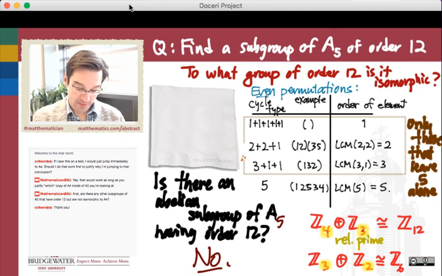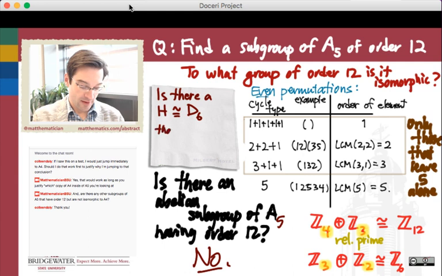So now the question is: is there a subgroup, let's call it H, isomorphic to D6, the dihedral group of the hexagon, that is a subgroup of A5?